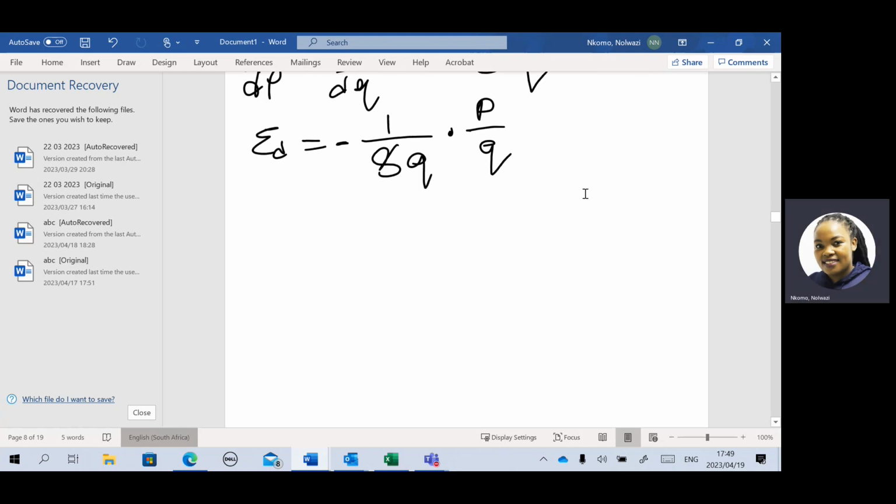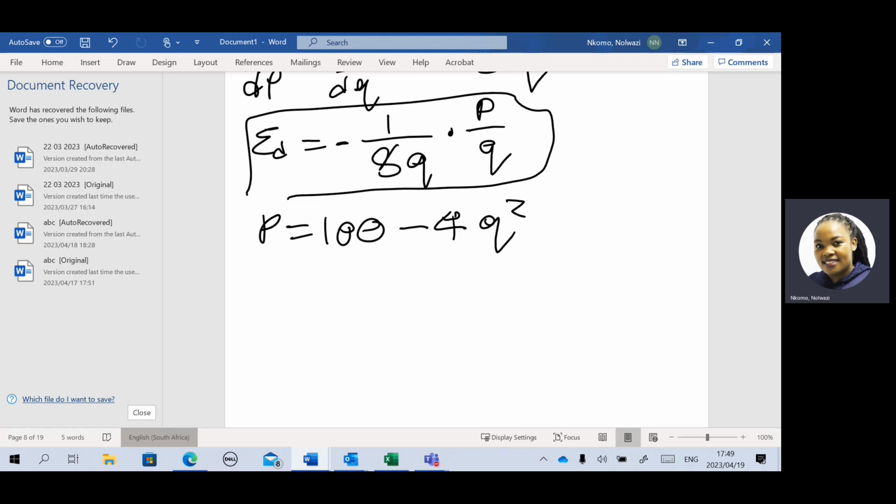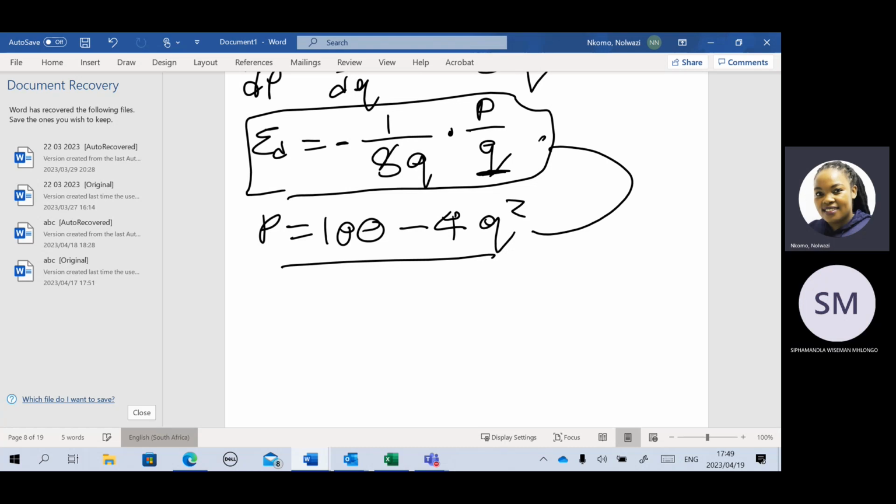We know that P is equal to 100 minus 4Q squared, but we don't know Q. We still need to find Q, because we need to leave this equation in a form of P, so we solve for Q from this equation and substitute it back here.